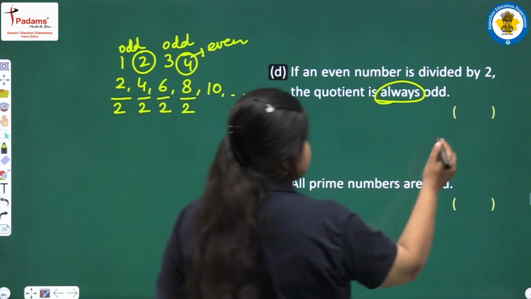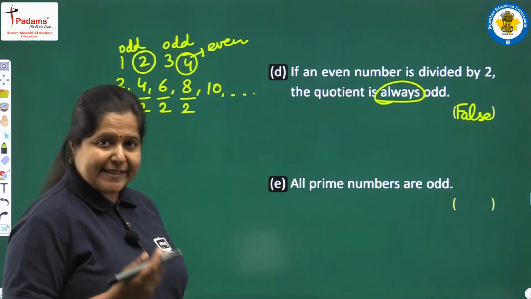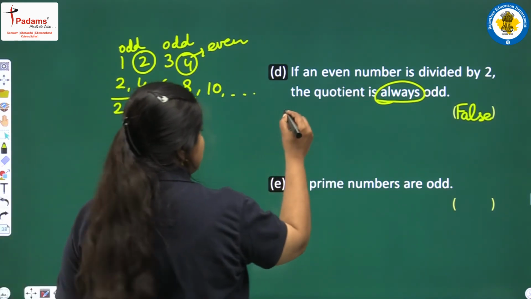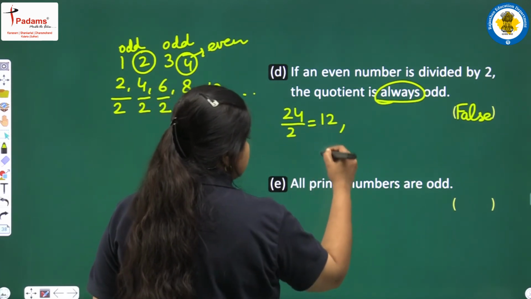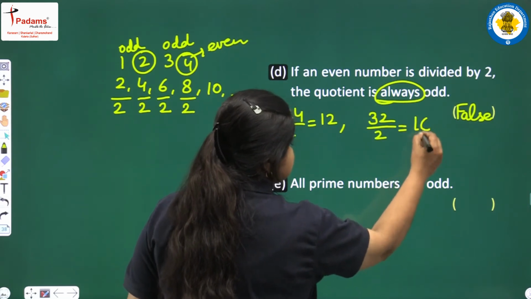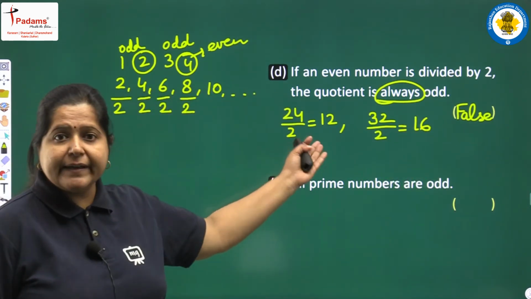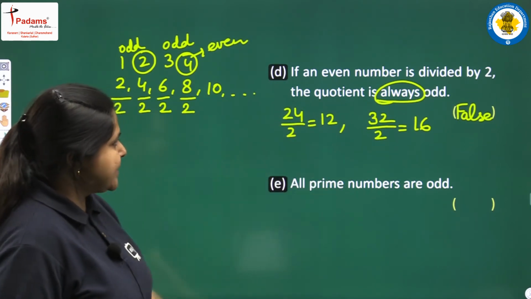So this statement is false. We can give some examples also. Suppose we divide 24 by 2, we are getting 12. Again if we divide 32 by 2, we are getting 16. So these are the cases where the division by 2 is not odd, it is even. So it's a false statement.